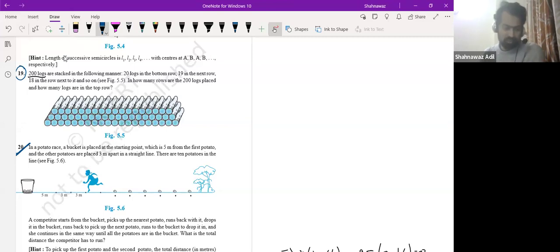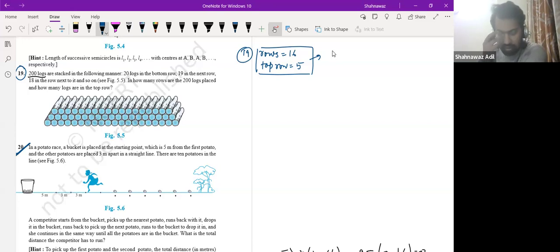Sir, I calculated. What is the number of rows that you are getting? 16 rows. And how many logs are in the top row? 5. Sir, we also get 25 as the number of rows, but when I checked with the number of logs, 16 is the appropriate answer.